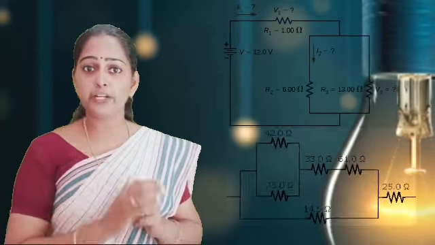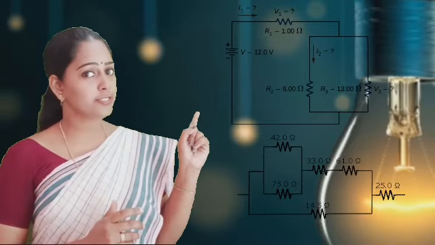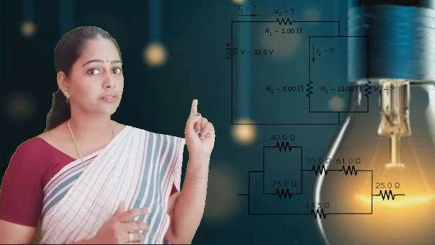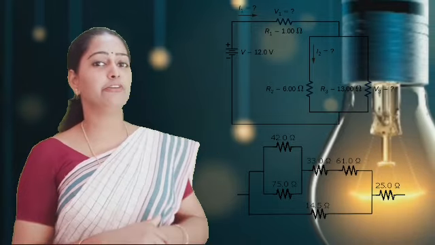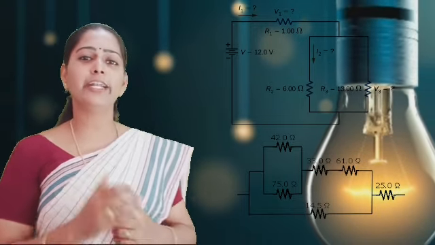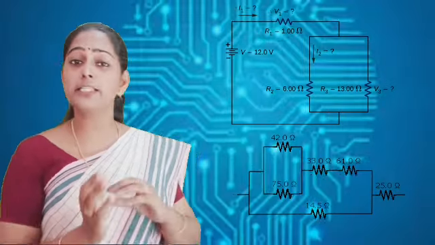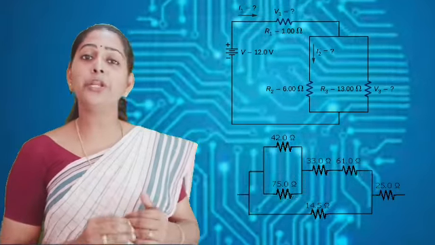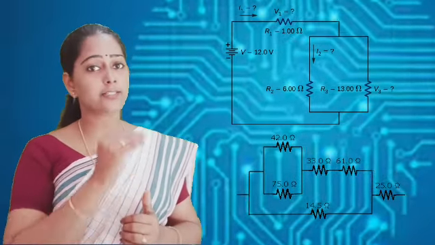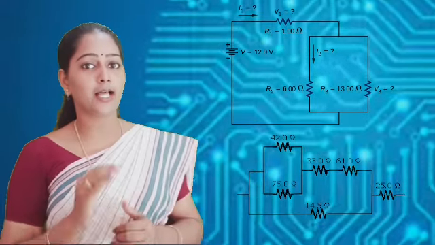But can you identify these other combinations? A little bit difficult, no? Some combinations are series, some are parallel, some are series-parallel combinations. How can you identify these combinations easily? I will explain that in the coming session.